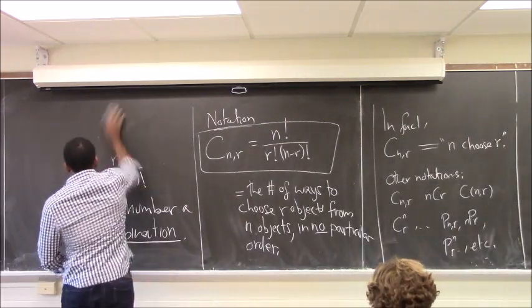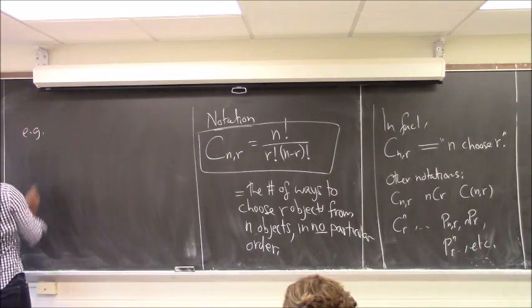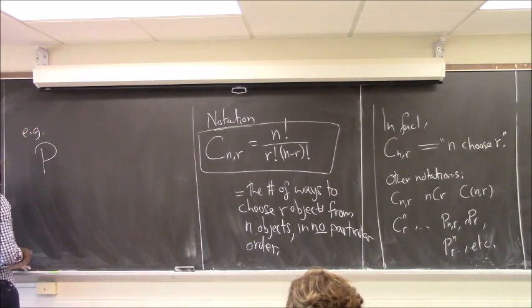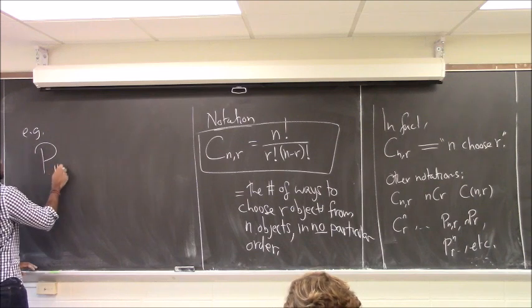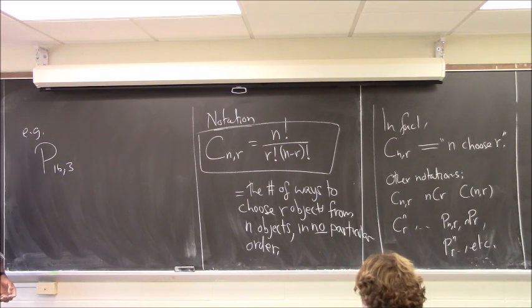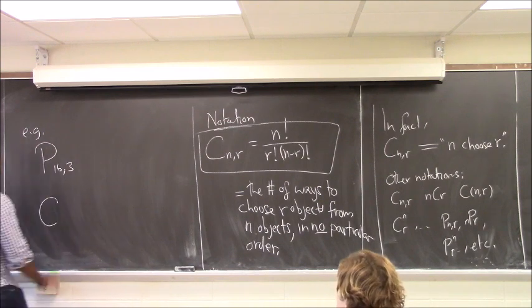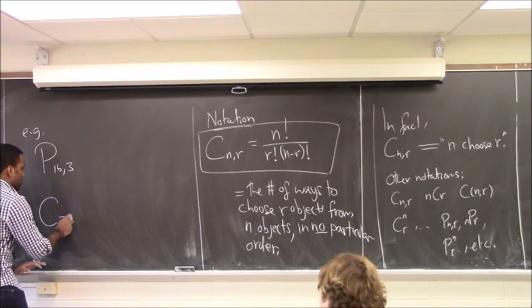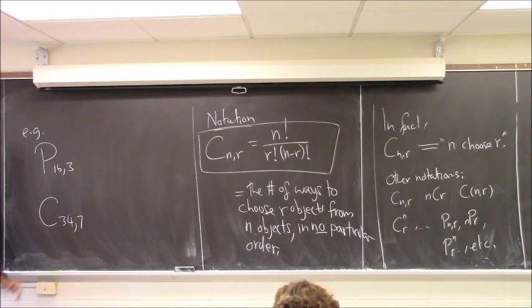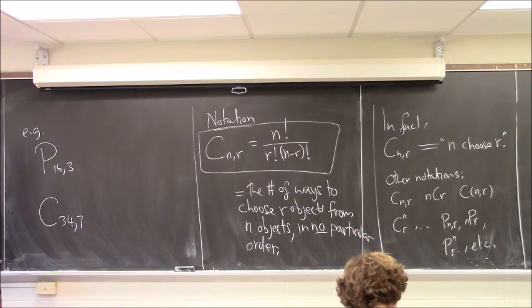To make sure that you know how to get these numbers, let's actually do an example. Tell me what is P of 16, 3. In other words, that is the number of ways that I can take 3 objects out of 16 objects and put them in order. What is C of 34, choose 7? If I have 34 things, I want to pick 7 random things in no particular order. How many possible ways can I do that?